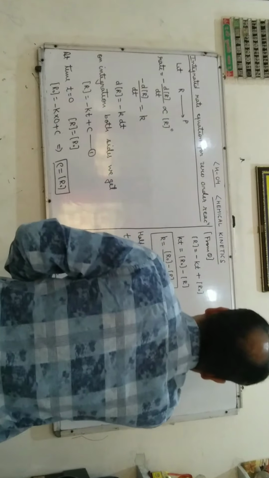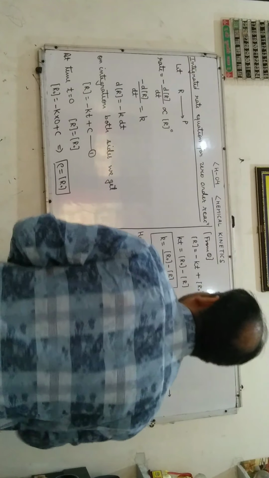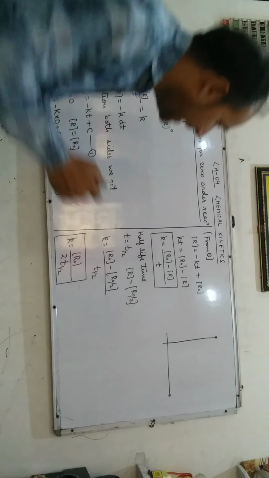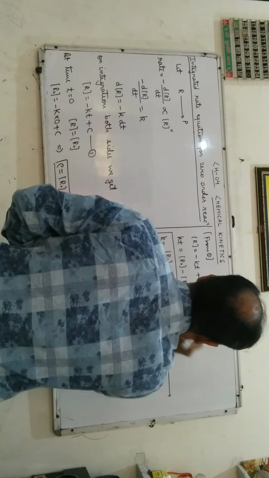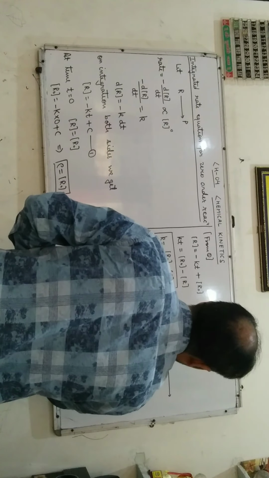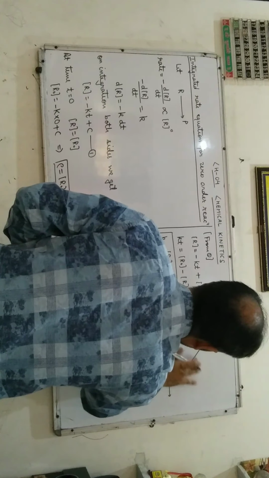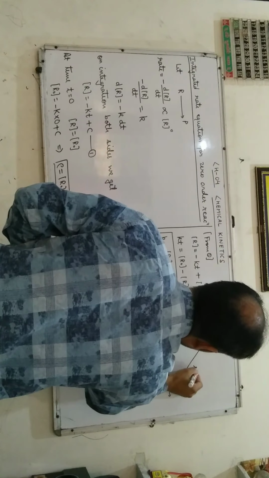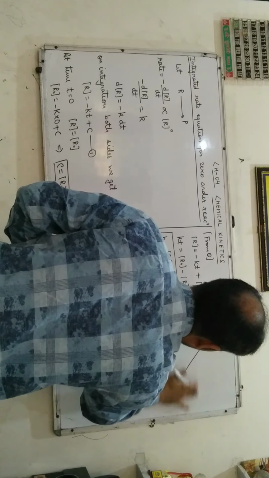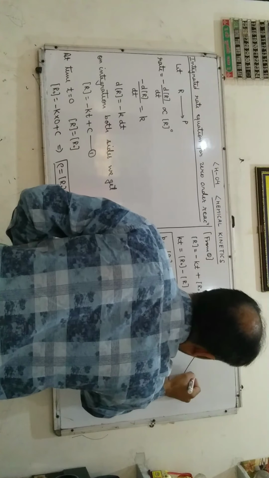If we plot a graph between the concentration of reactant and the time, we will obtain this type of line. The value of slope is equal to minus K, because it is in a decreasing manner.